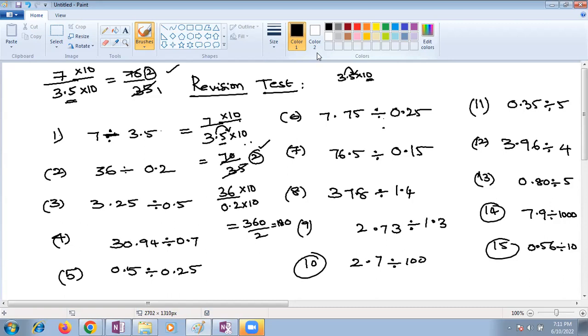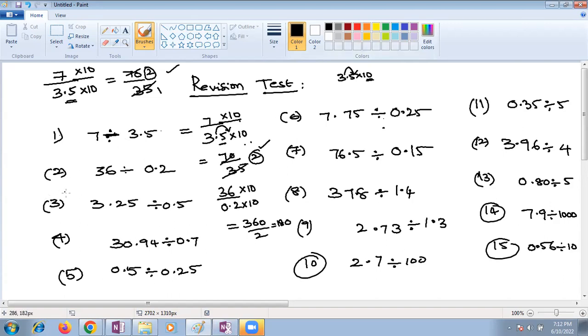Don't think like that, because 0.2 is less than 1. It's a very lesser number. That's why don't think about the answer. The procedure is very important, Manish. Okay, ma'am.